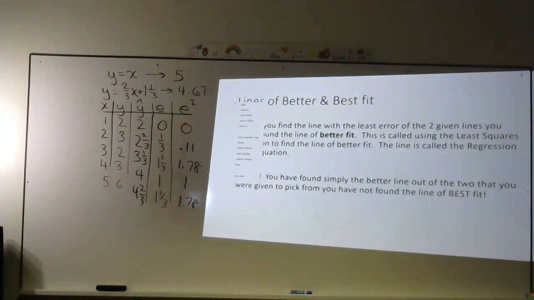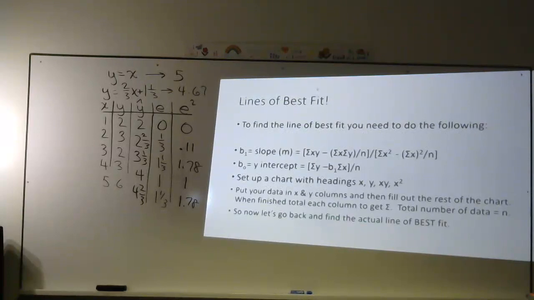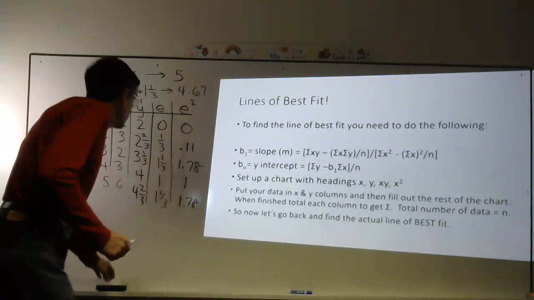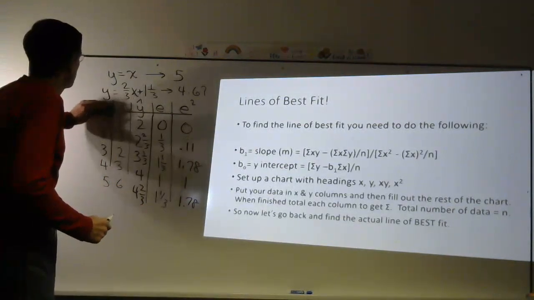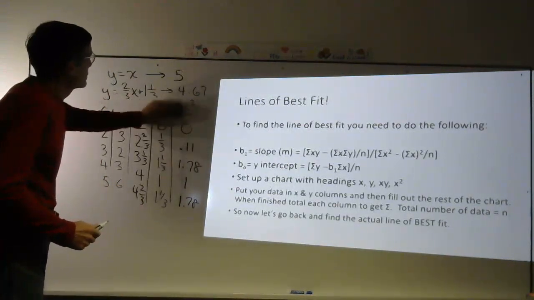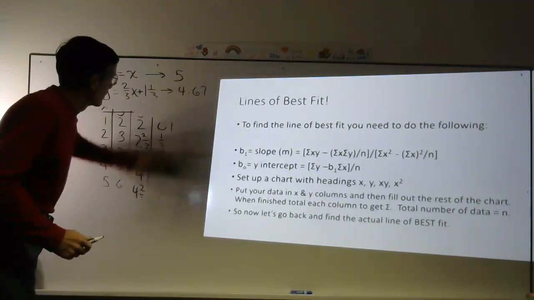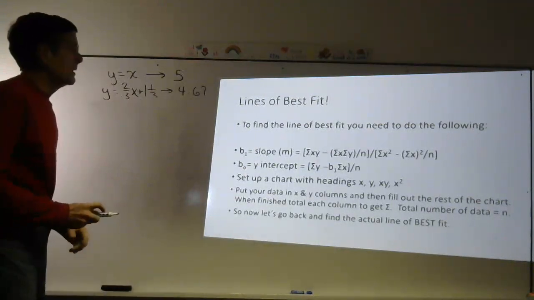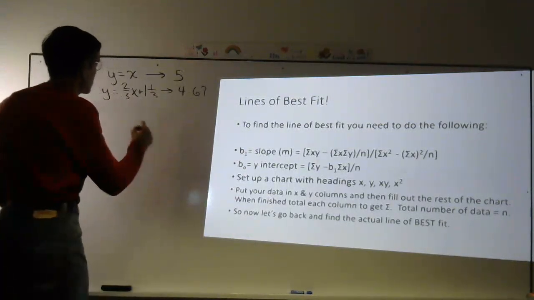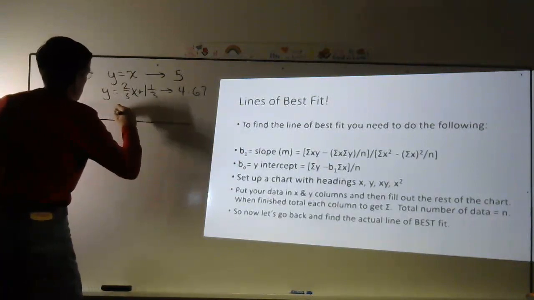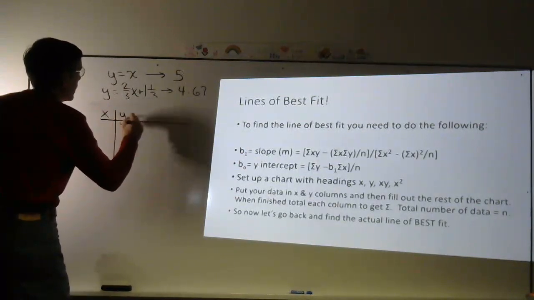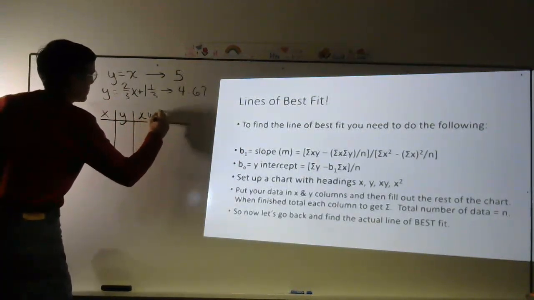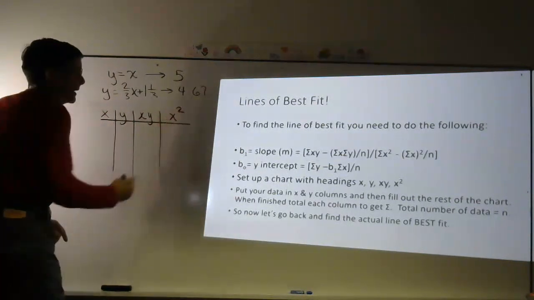Okay, so let's get the line of best fit. For the line of best fit, we have to make a new chart. We're going to make a new chart with headings of x, y, x times y, and x squared.